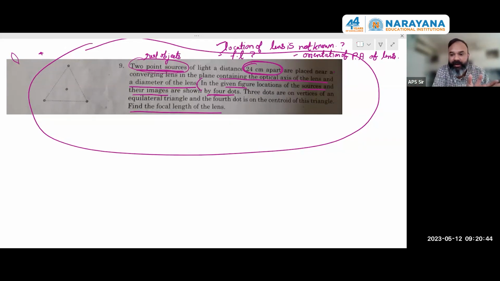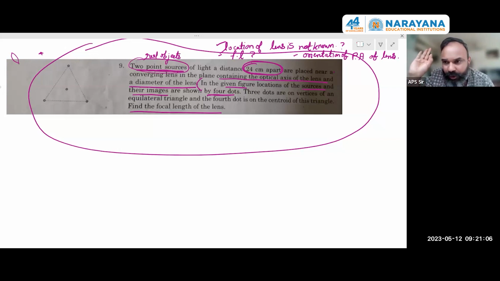What are the final possibilities? One thing that is coming to my mind is, if one of them is a possible source and a possible image, it seems that they are at equal distance.